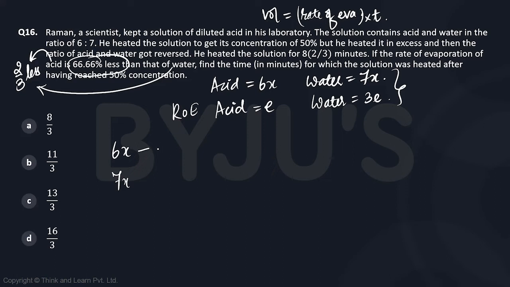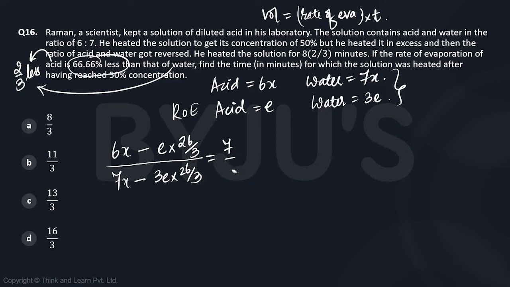The rate of evaporation of acid is E, into the duration we just calculated, 26/3 minutes. So this much acid will get evaporated. Similarly for water, it's going to be 3E into 26/3. Now the ratio of the resultant is given, with the interchange happening, so we have 7/6.